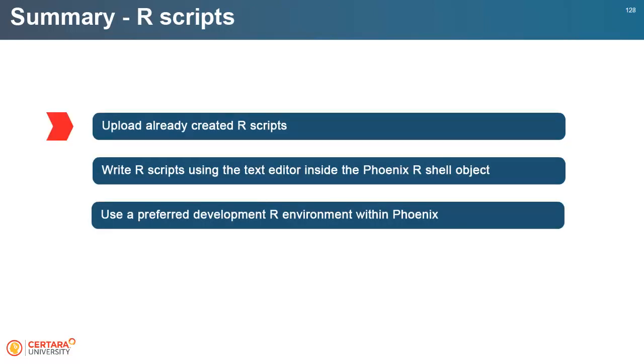In addition, we also showed how an already existing R script could be imported and used within Phoenix. We also discussed how to develop scripts within Phoenix using the text editor inside the Phoenix R shell object. Lastly, we showed how to use your preferred R development environment, such as RStudio, to create R scripts, and then bring the script to the Phoenix R shell object.